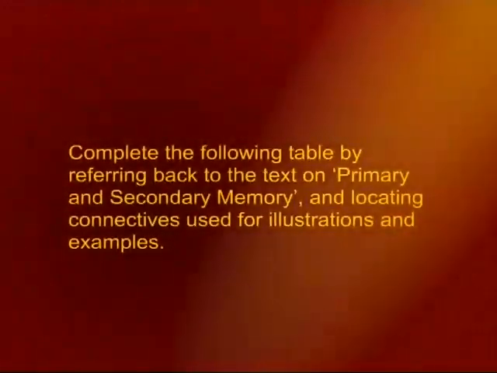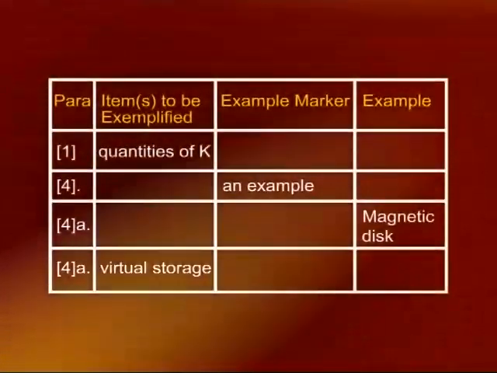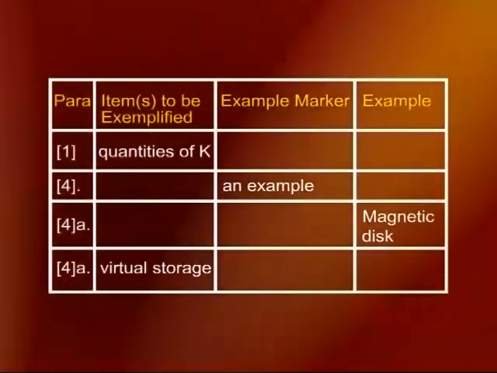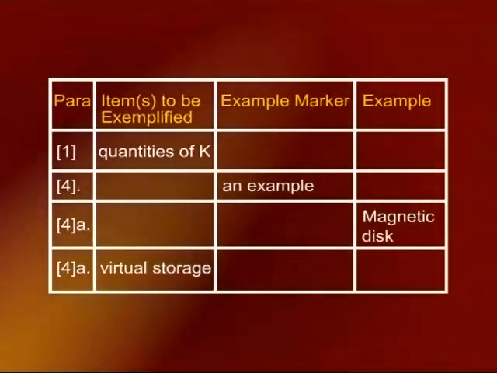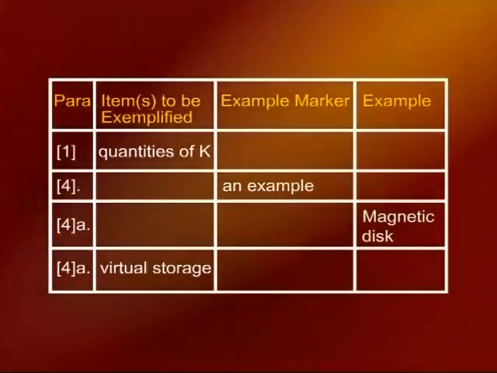And writers often say explicitly, very clearly, which things are examples by using connectives. And these connectives are, for example, such as, right? Now you look at the following table. A table is given you and you complete it by referring to the text, right? The text on primary and secondary memory, and you locate the connectives that have been used for illustrations and examples.